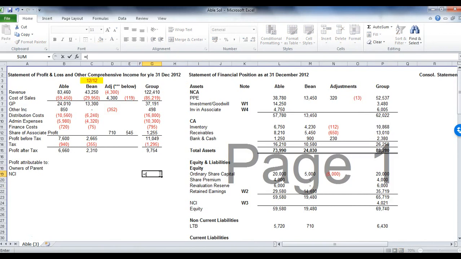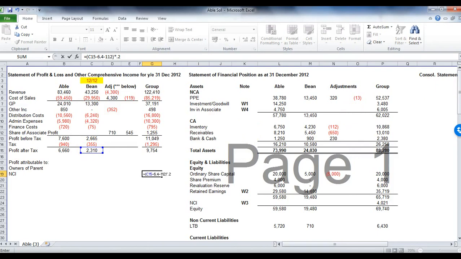It starts off with the 2310. You minus 6.4 for depreciation, so 1 year's depreciation, and you also minus then 112 for the unrealized profit in inventory for the year, and you multiply that by 20%. So that's important there that you understand.